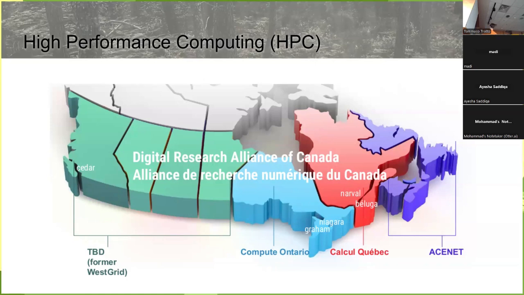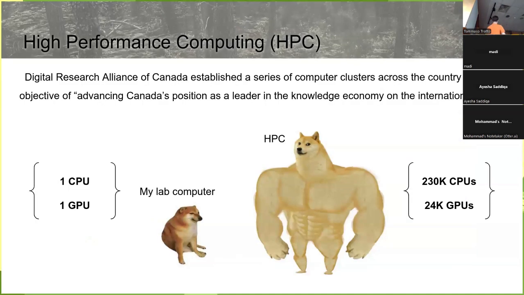It's an awesome achievement, even for cross-boundary science, where now I from Vancouver can access the servers that they have, I don't know, in Quebec or in Ontario and do my computation on their end. Because we've got to face it, the hard truth is that my computer only has 1 CPU and 1 GPU. The HPC that the Canada Alliance has boasts 230,000 CPUs and almost 24,000 GPUs. So there's a lot of meat that you can feed on.